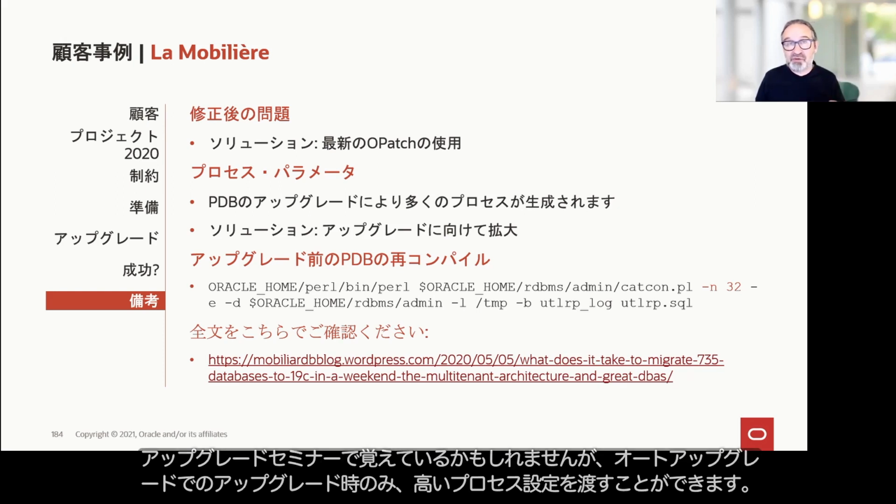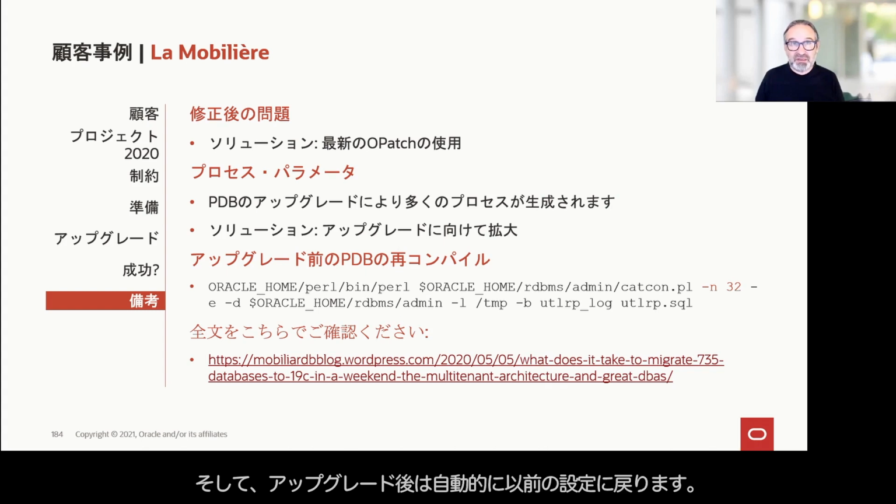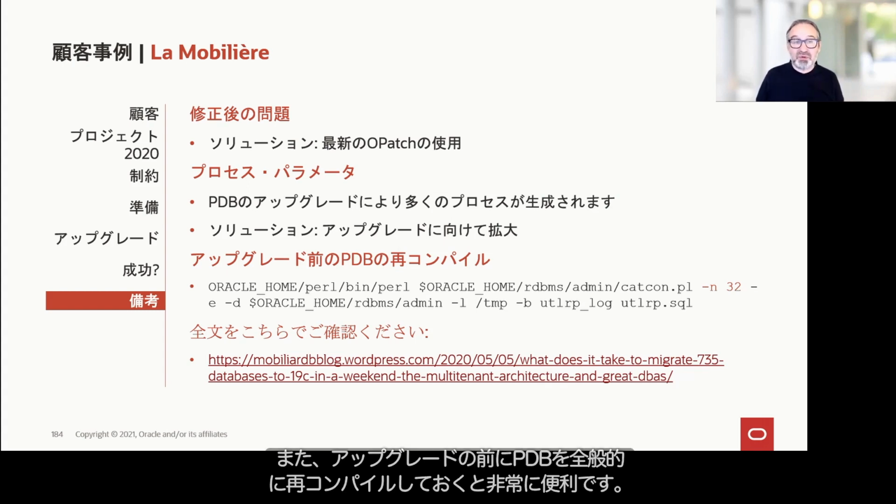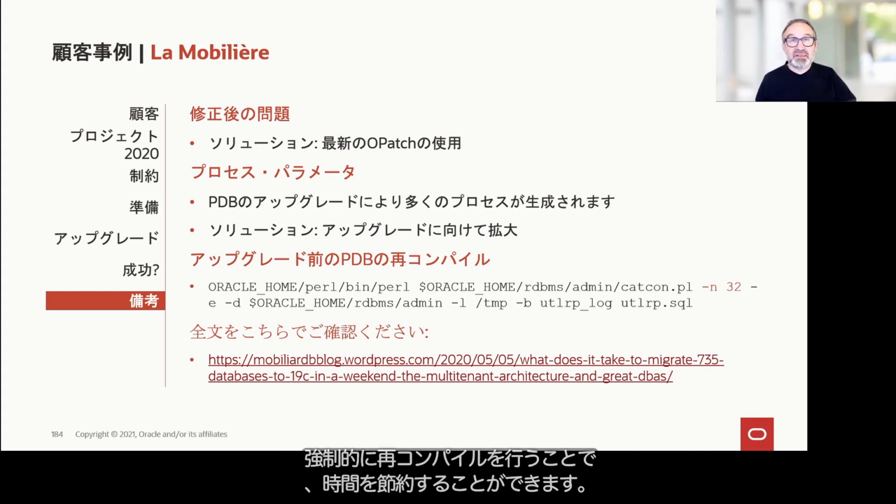Now, you may remember from one of our upgrade seminars, you can pass on a higher processes setting only for during the upgrade to AutoUpgrade. And then it will revert automatically to the previous setting after the upgrade. So we increased it here. And then it's also really helpful when you recompile generally in your PDBs before you upgrade. This helps you save time because of forced recompilations.